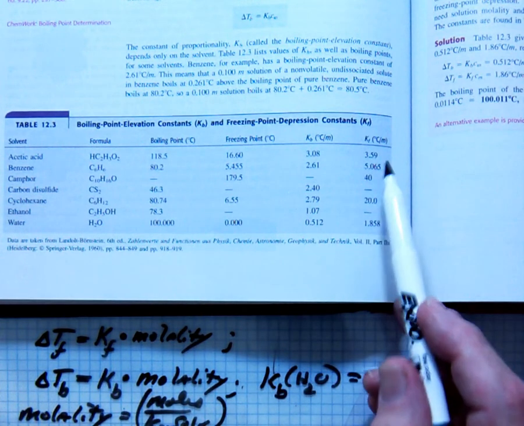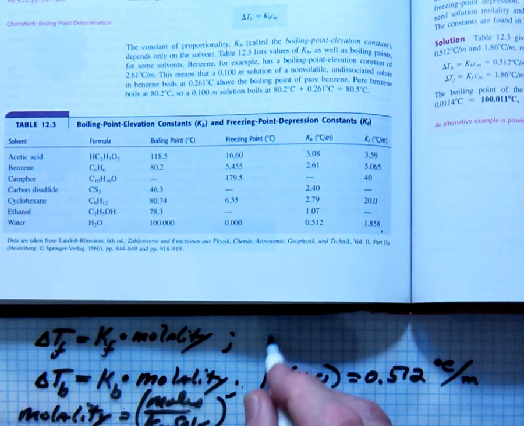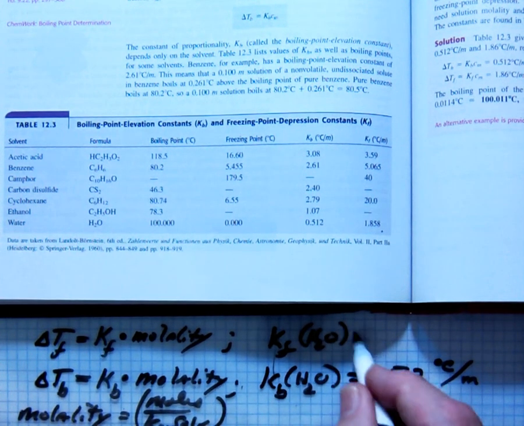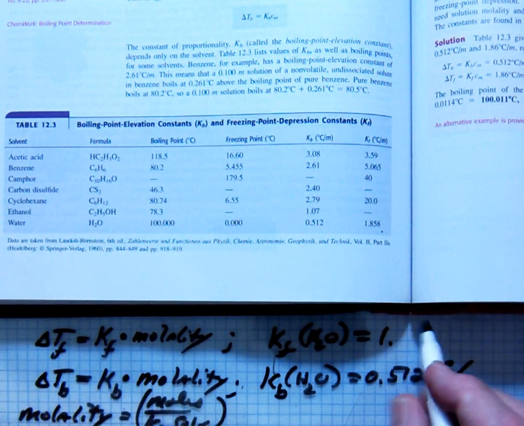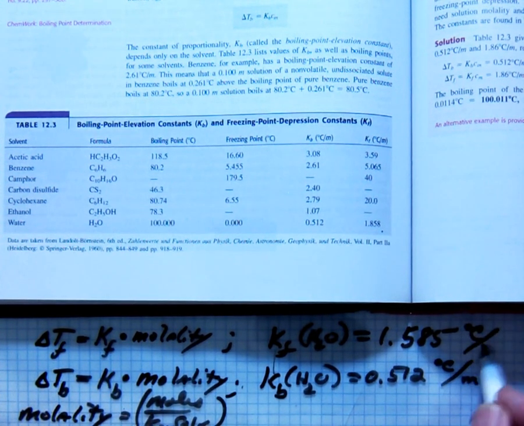And the freezing point depression constant is 1.858. So KF for water is 1.858 degrees C per molal solution. Of course, you'll have those given in the problem.